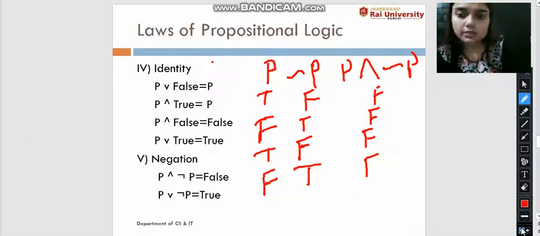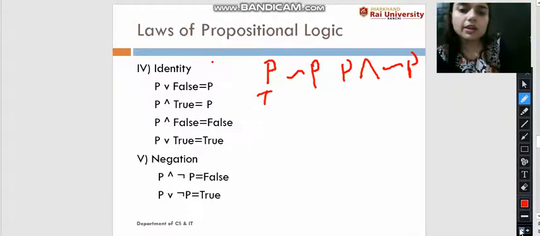Now I will clear the slide so that we can move to the next slide and learn about the next law.